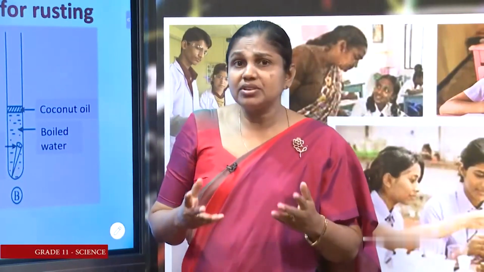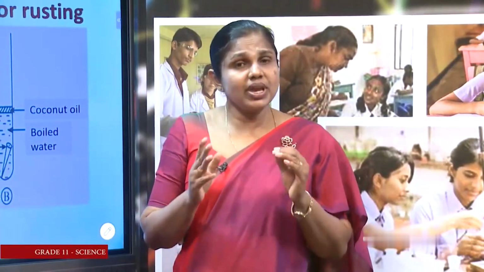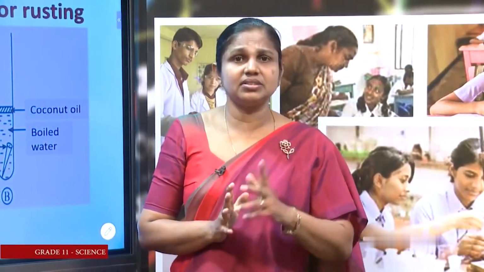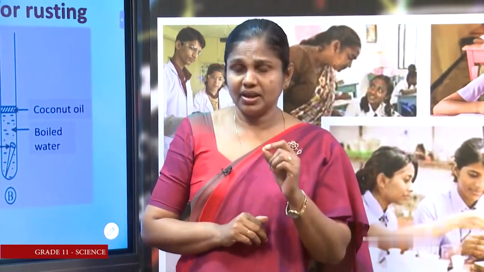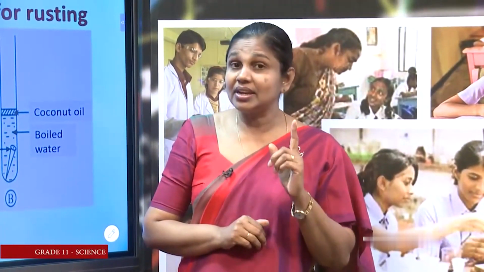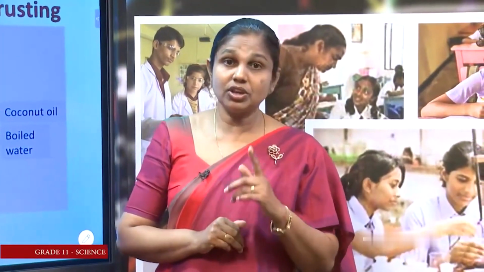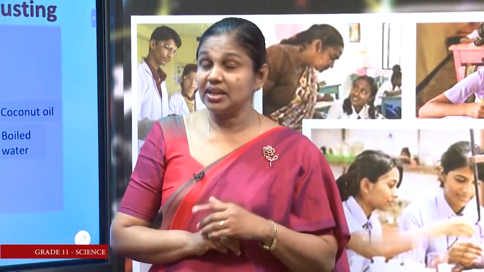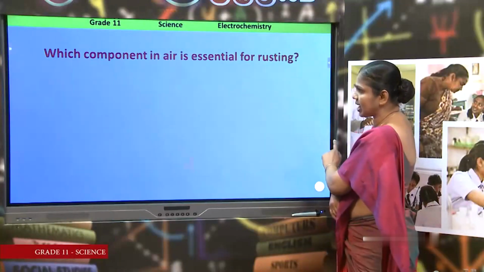Air means a mixture of a number of gases, right? So, which component in air is essential for rusting, children? Actually, which component? Now, there is another activity to see which component in air is needed for rusting. Okay, right. Let me show that.